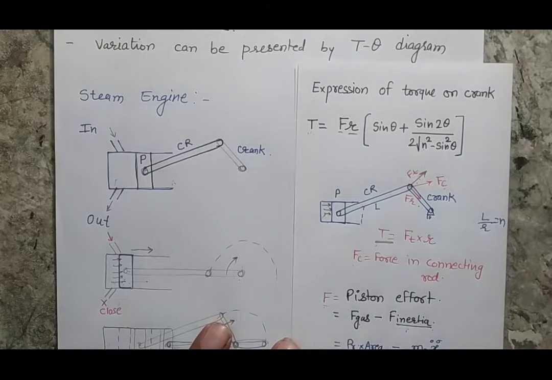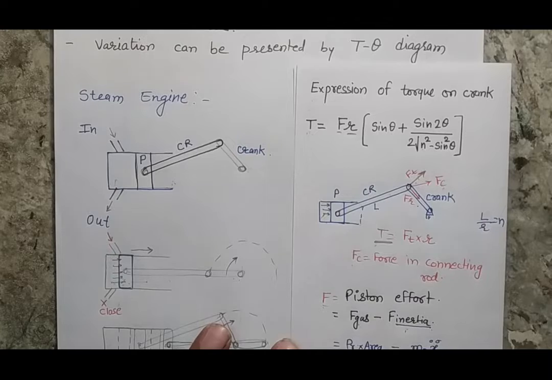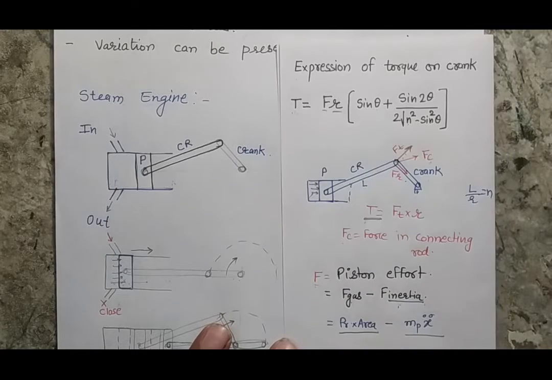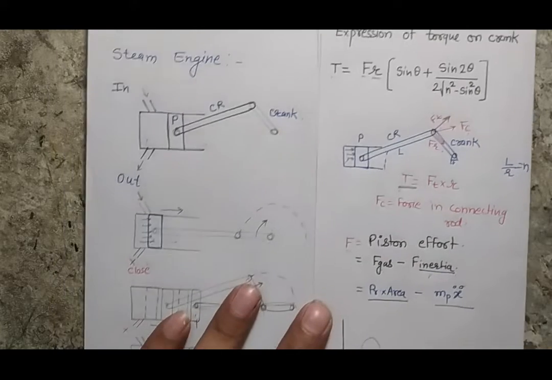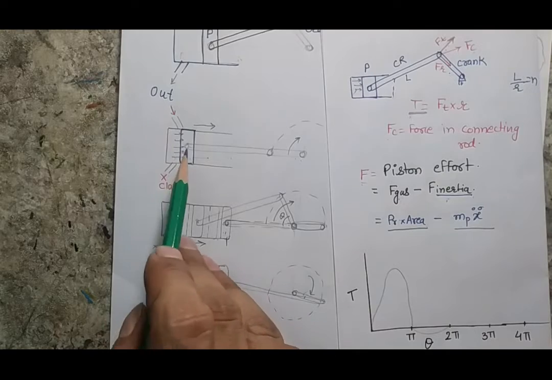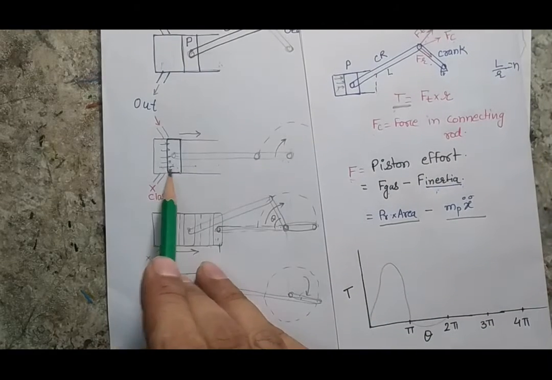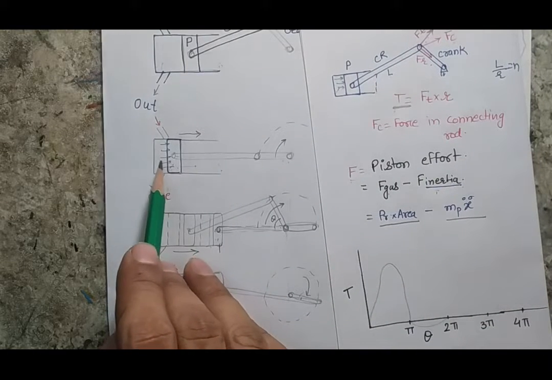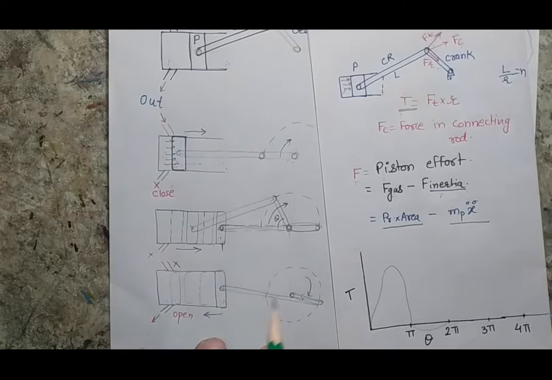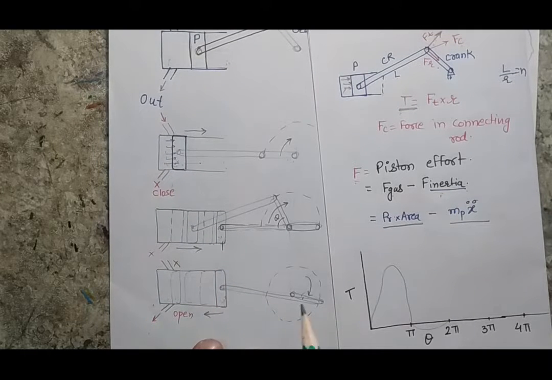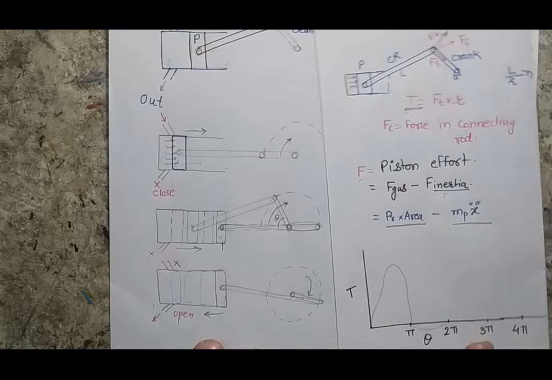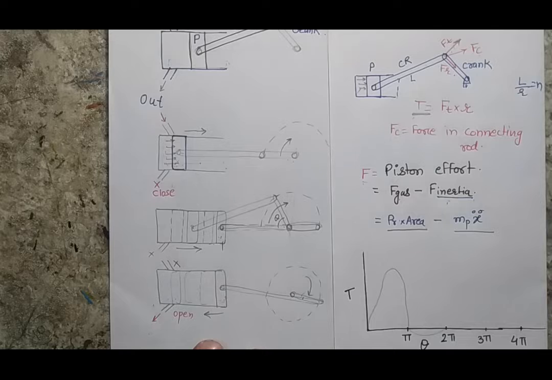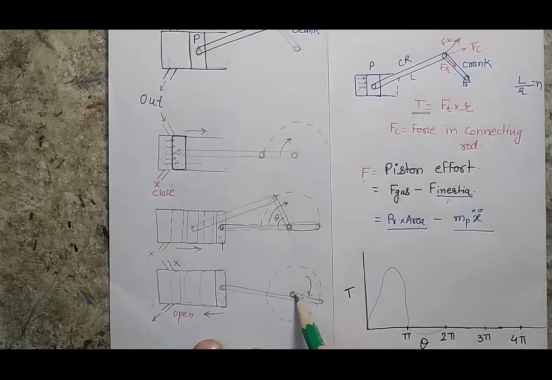If you are using the mathematical expression, you can also get the negative and positive torque value. But for physical understanding, you should know that while the piston is moving from left to right position, there is a generation of energy because of the steam. But when it is moving from right to left position, it has to work from within the system. That basically comes from the flywheel, and the torque is negative here.